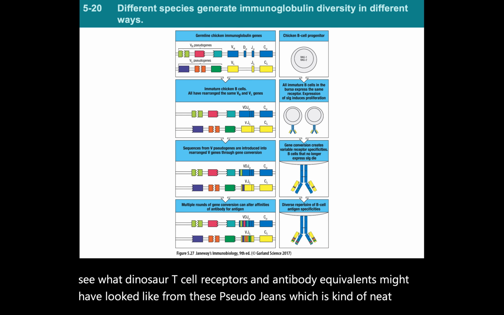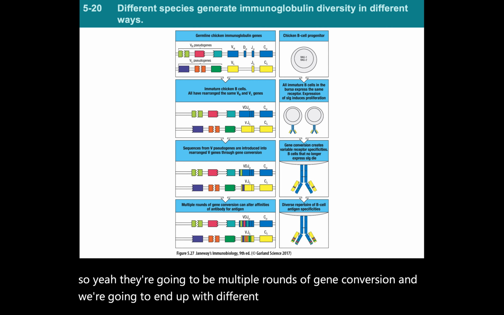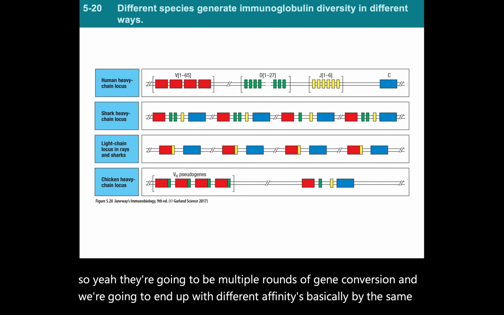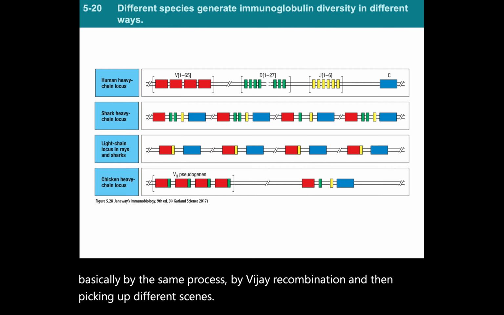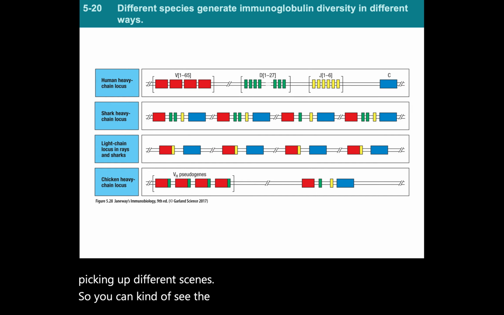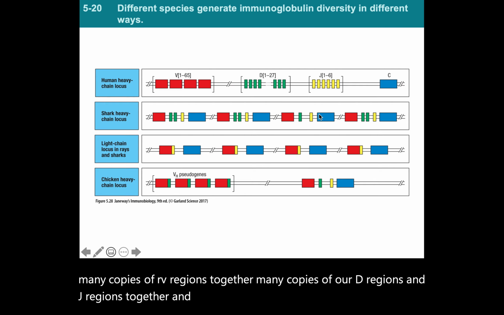And so, yeah, there are going to be multiple rounds of gene conversion, and we're going to end up with different affinities basically by the same process, by VDJ recombination and then picking up different C ends. So you can kind of see the way that we're set up. We've got many, many copies of our V regions together, many copies of our D regions and J regions together, in general.